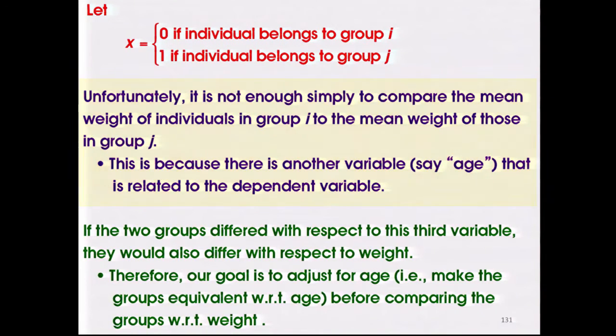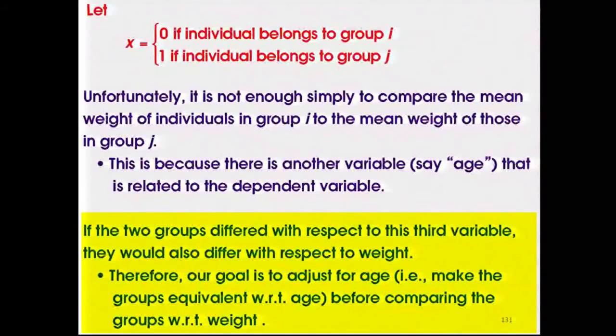If the two groups differ with respect to this third variable, they would also differ with respect to weight. Therefore, our goal here is to adjust for age, that is, make the groups equivalent with respect to age before we compare the groups with respect to their weight.